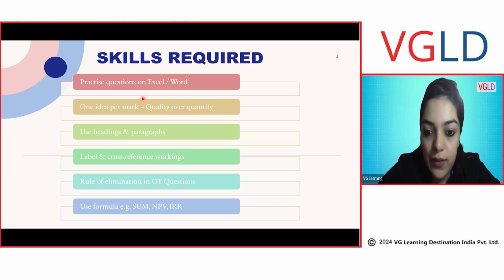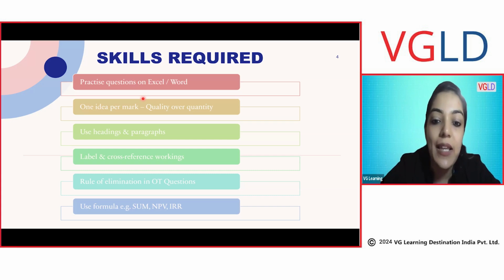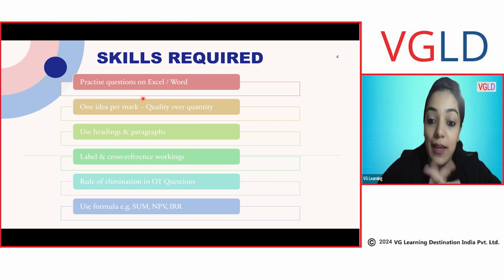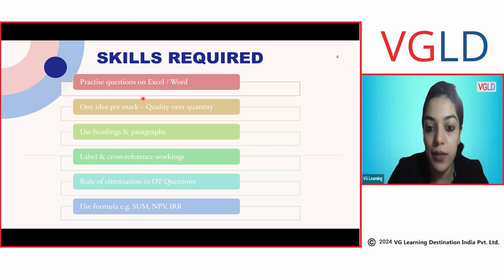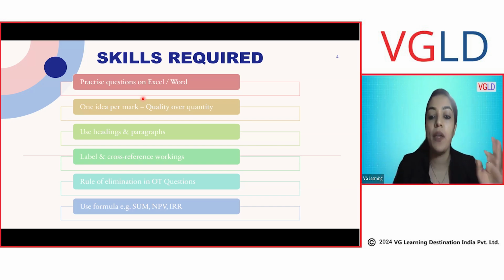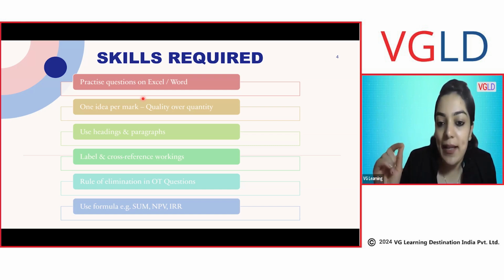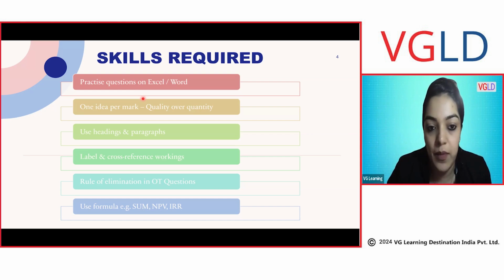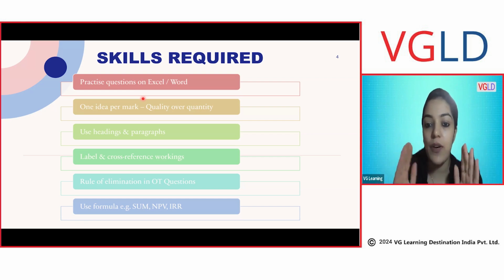The ideal length of an answer in this case will be 5 paragraphs. 5 paragraphs? No. It doesn't mean that you have to write long poetry or prose type of paragraphs. Very simple. Each paragraph will comprise of about 1 to 2 sentences.